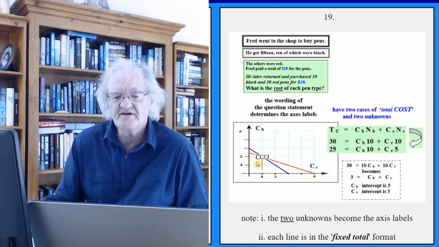So what we have here is a black pen costs $2 and a red pen costs $1. When we're dealing with fixed totals, the axis labels are the unknowns, the two costs.